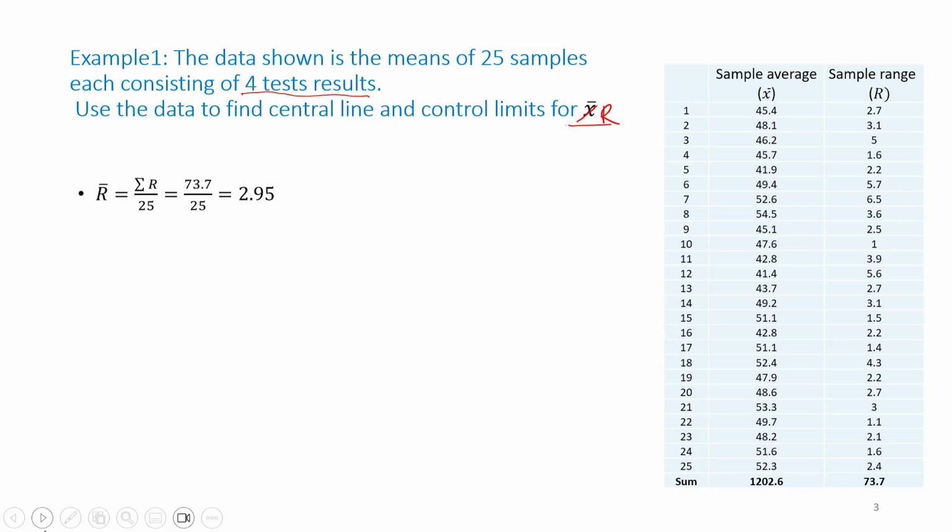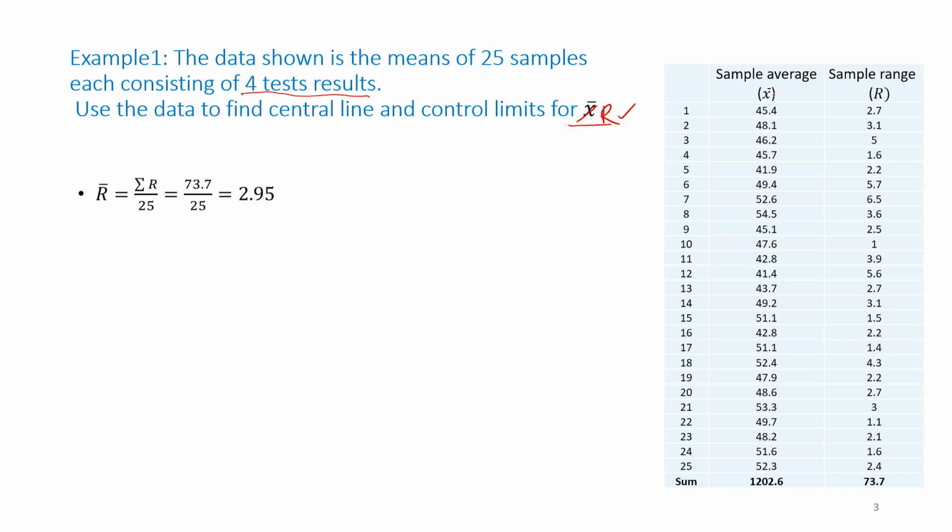Not X bar. X bar we have actually done already in some previous slides. But now we are taking the same example and we are trying to find out the control limits for R, that is the range value.